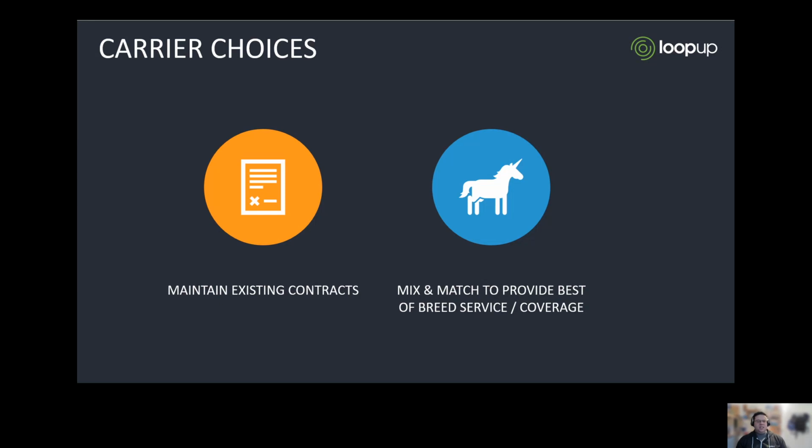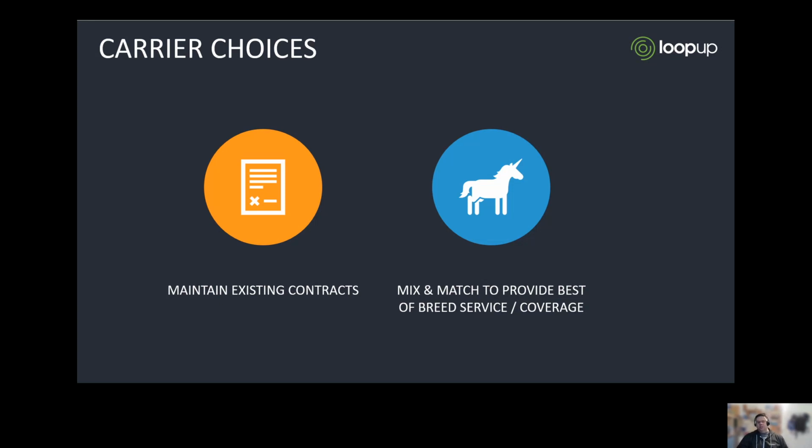So digging a little deeper into carrier choices, it might be that you're tied into some contracts for a particular period of time. It might be that you've just renewed your PBX, but through the pandemic, Teams has come to the forefront in the organization, and you want to take advantage of telephony and turn it into that fully rounded UC&C platform.